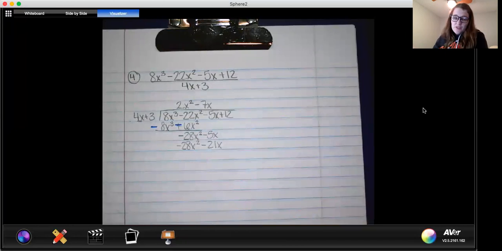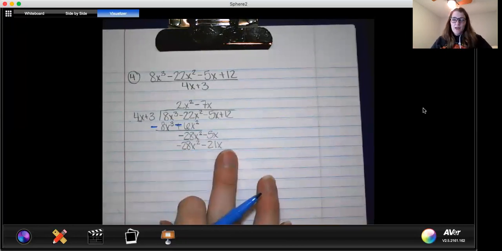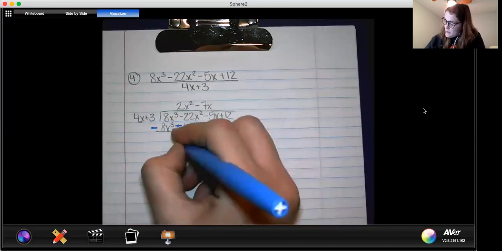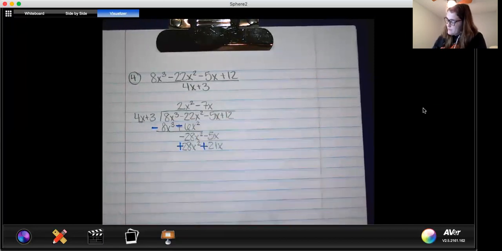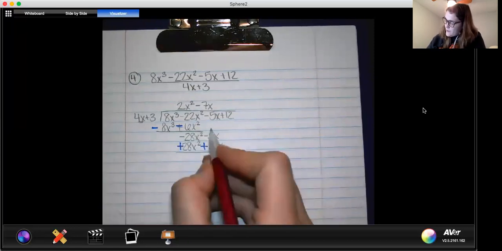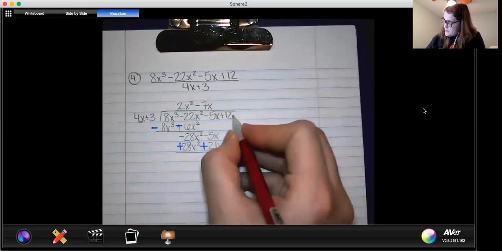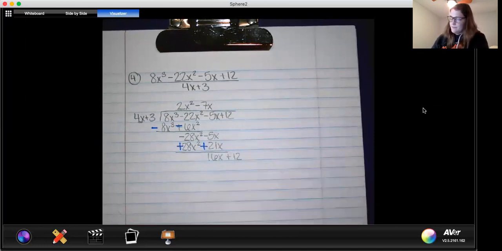And we have to change the sign. This is the first time we've had a negative. So if you're subtracting a negative, what happens? It becomes positive. So now I have positive 16x plus 12. Again, repeat the process.